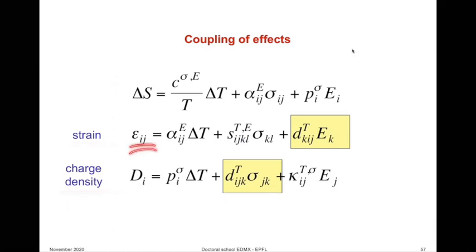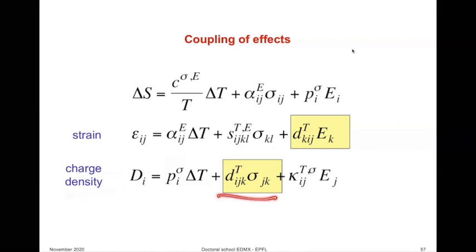Now, how can we get a strain in a material? Well, we can change temperature, that's thermal expansion. We can apply pressure, this is Hooke's law, and we can apply electric field, which is a piezoelectric effect. For charge density, if material is polar, then by changing the temperature, we change polarization. That will produce some charge, current, voltage.